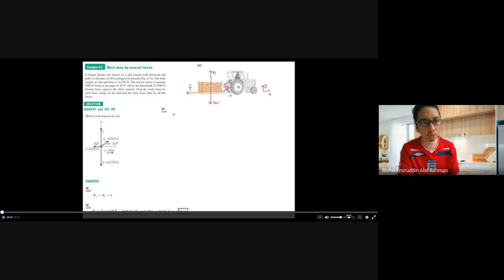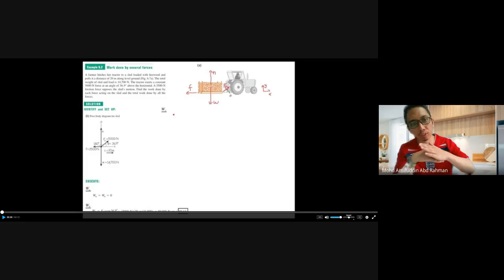The total weight of sled and load is 14,700 newtons, so that equals W equals mg. And then the tractor exerts a constant 5,000 newton force at an angle of 36.9 degrees.